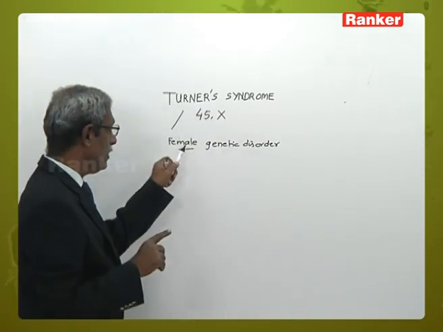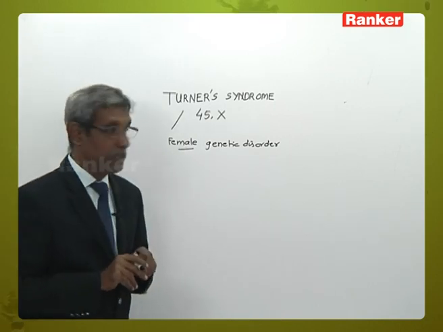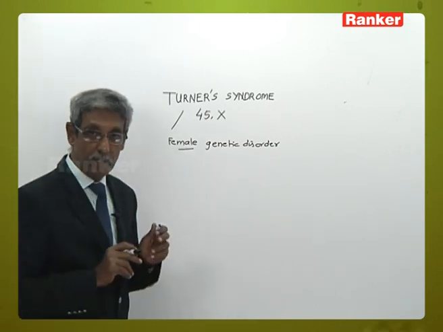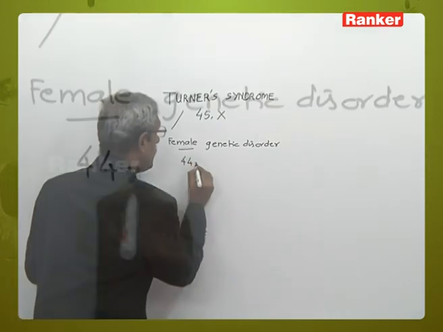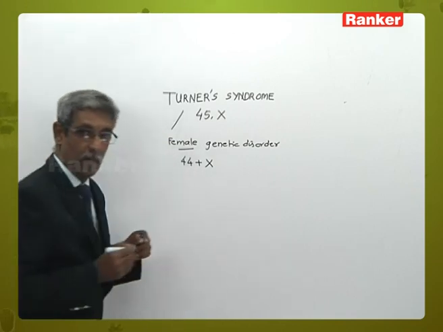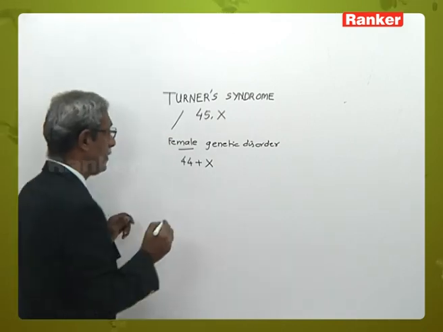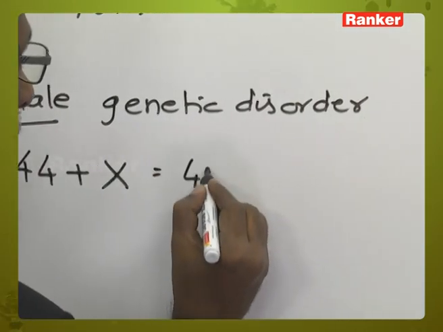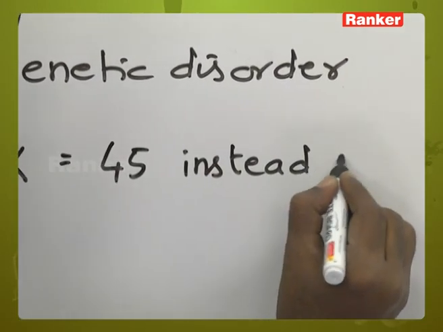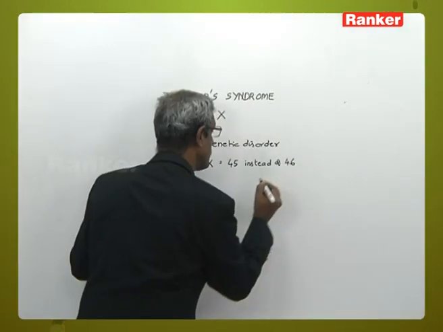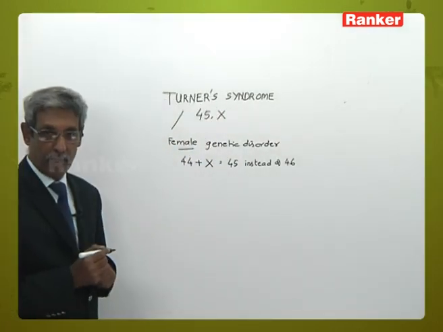In the case of Turner, it's always female. In Turner syndrome, there is the presence of 44 plus X, which equals 45 instead of 46.